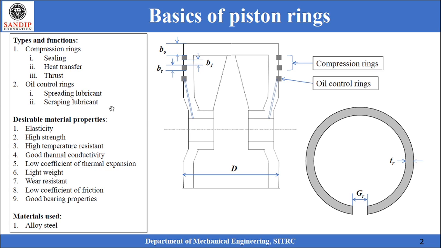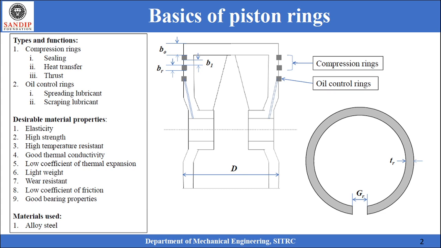By looking at these functions, the desirable material properties are listed here. The most important is that the material of the piston ring should be elastic in nature so that it facilitates the assembly of a piston ring into the grooves which are provided for fitting it onto the piston.